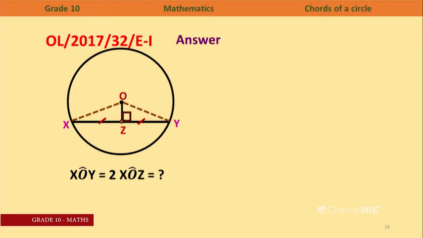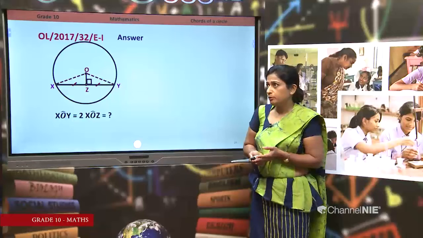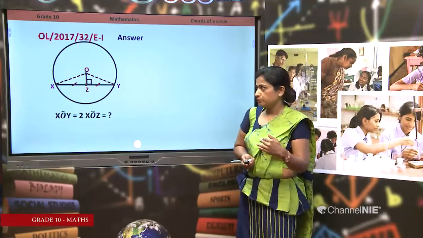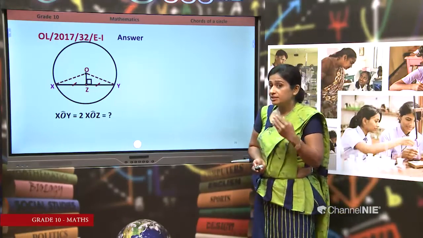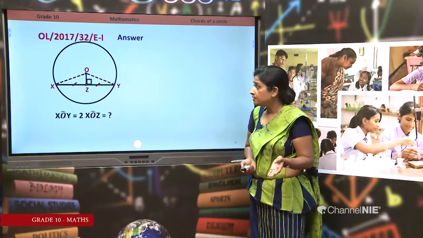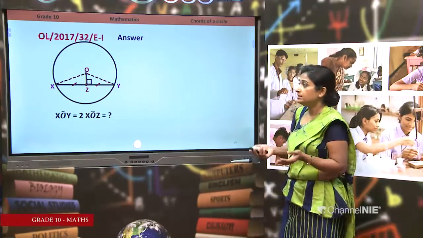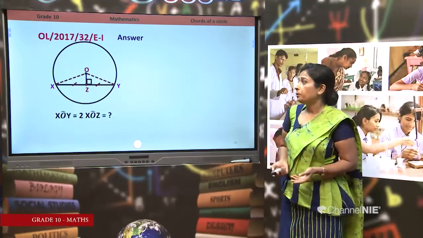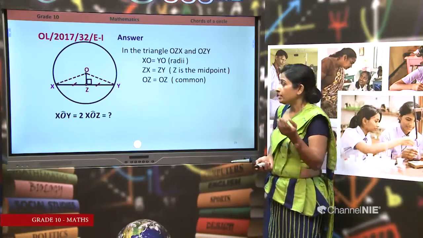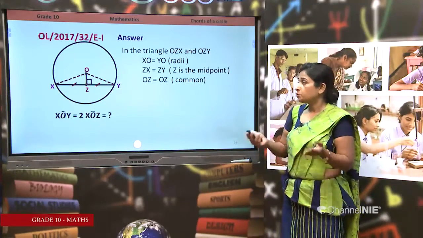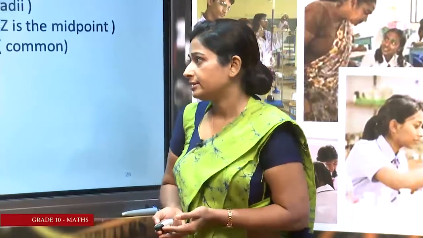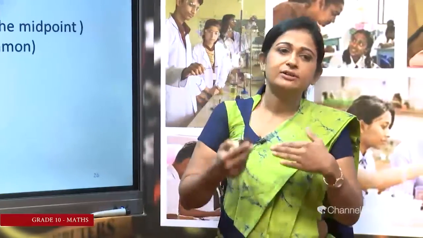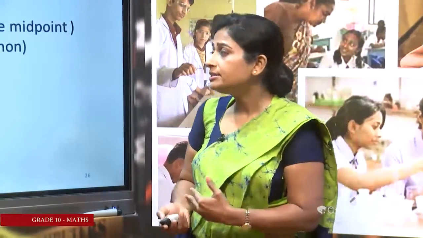Let's see whether we can prove congruency or not. To prove 2 triangles congruent, 3 elements of the 2 triangles should be equal. So, here what elements can be seen? In these 2 triangles OXZ and OYZ, we know XZ is equal to ZY, XO is equal to OY, those are the radii of this circle, and OZ is equal to OZ, that is the common side.